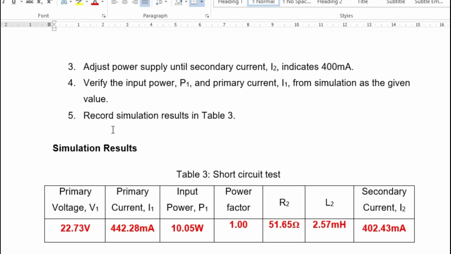Then verify the input power and primary current as given. Record the simulation result in table 3.